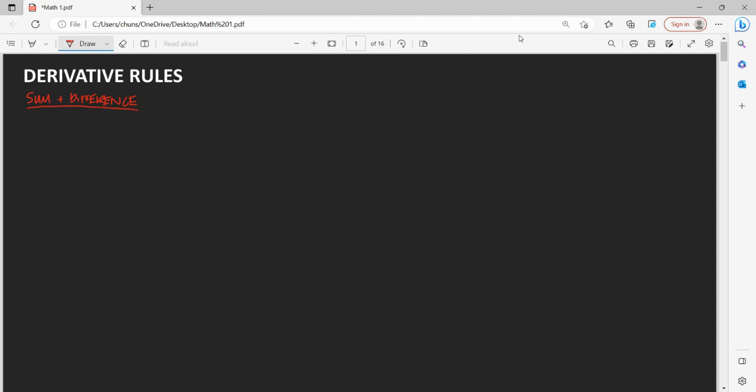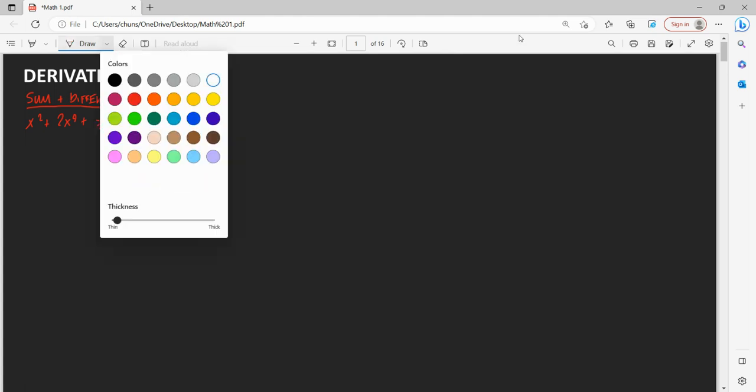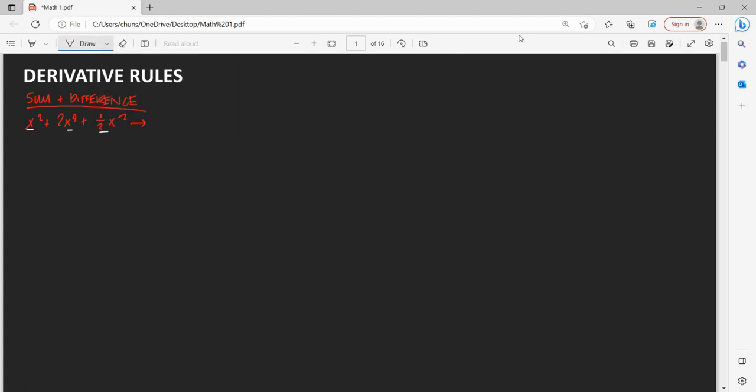So this is the same thing that you are already used to. So if you had, let's say, x squared plus 2x to the power of 9 plus 1/2 x to the negative 2, then that's basically just taking the derivative of each term on its own.